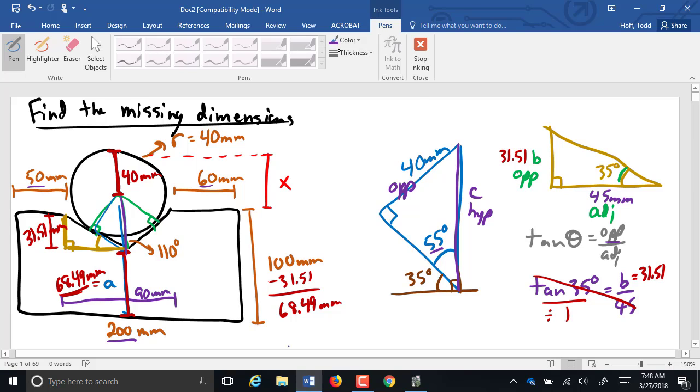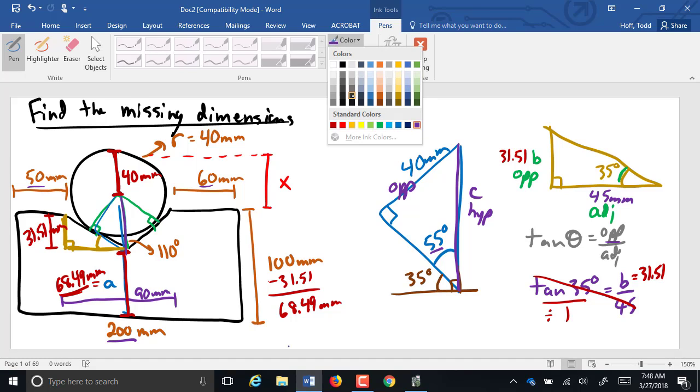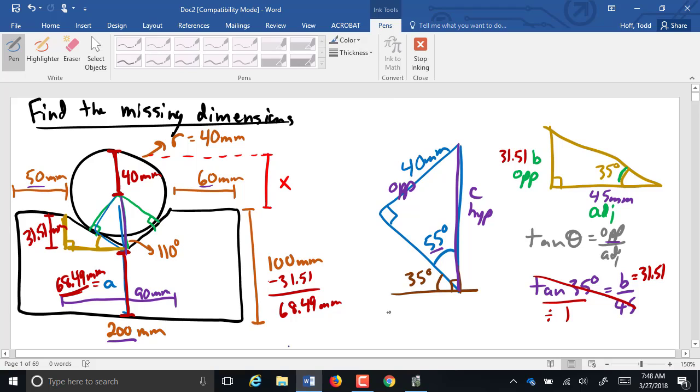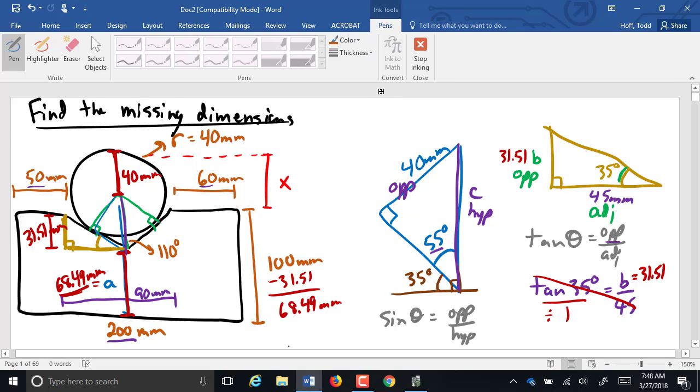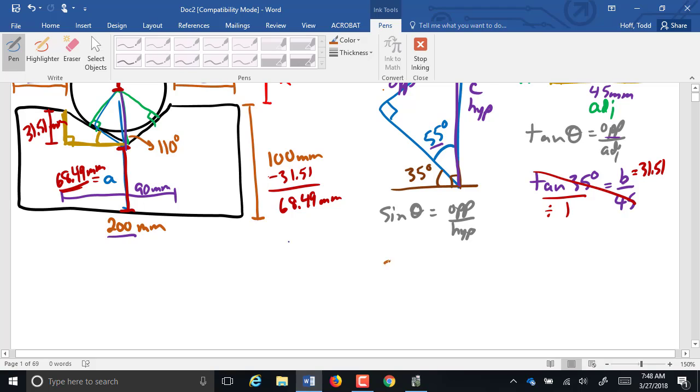What trig function deals with opposite and hypotenuse? Sine. Sine of an angle is opposite over hypotenuse. Do I know the angle? Yes, we do. So I'll throw in the 55 degrees. Do I know the opposite side? Yes, the 40. Do I know the hypotenuse?